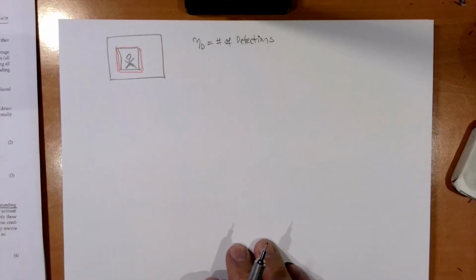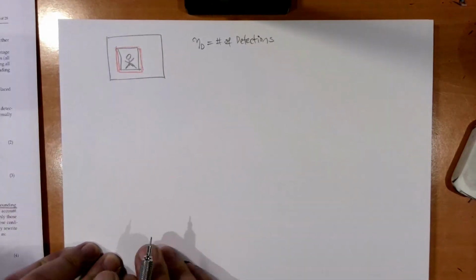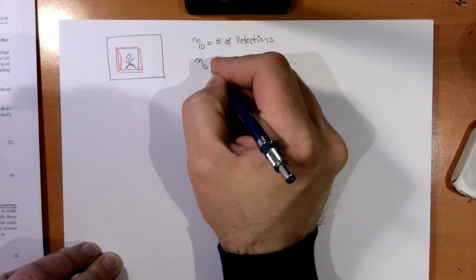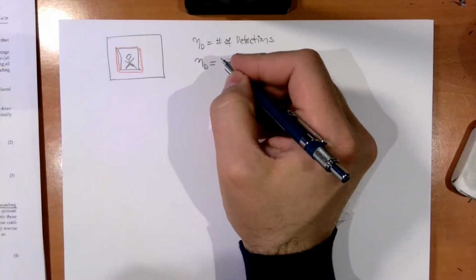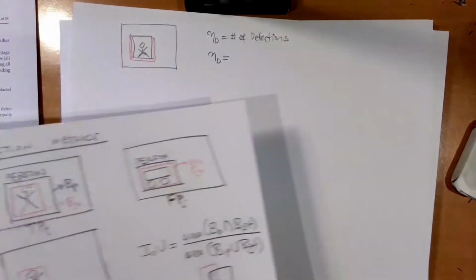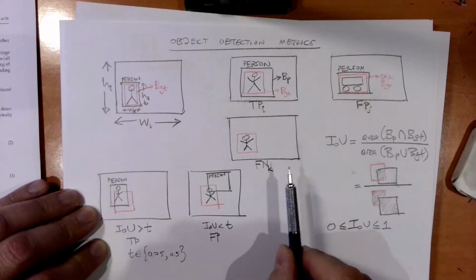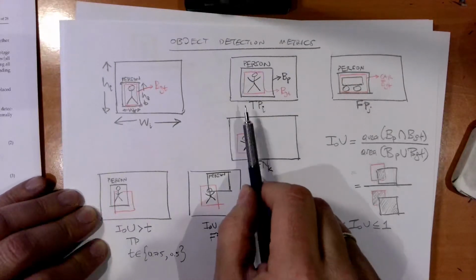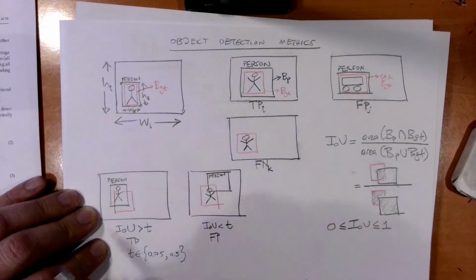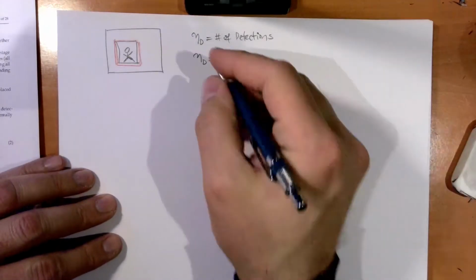So there are ND detections, and obviously, as part of the discussion we have seen just a few moments ago on the IOU, we actually can say that here we don't get any detections. So effectively, the number of detections could be either because of true positive events or false positive events. So we can actually write it as ND is equal to NTP plus NFP.